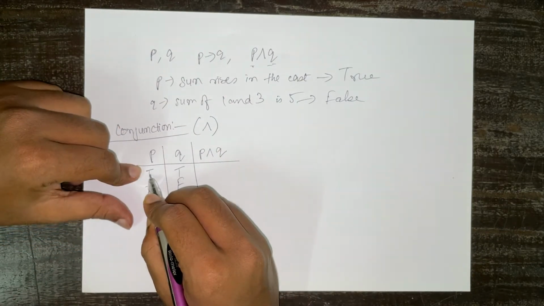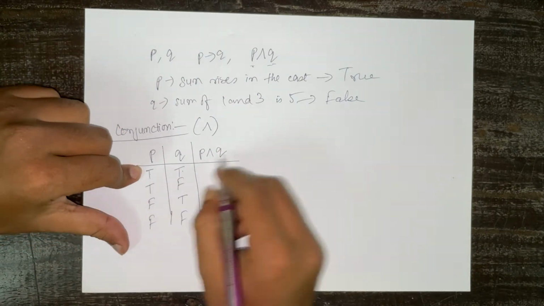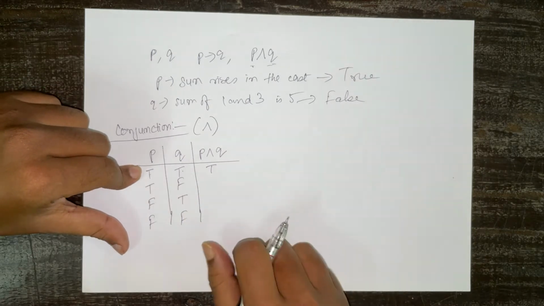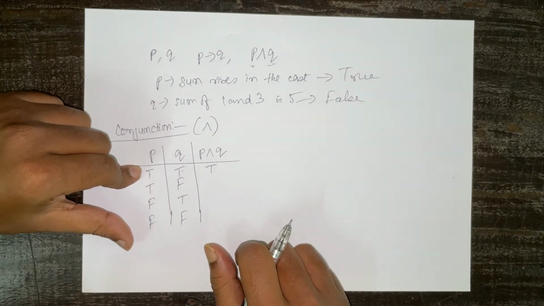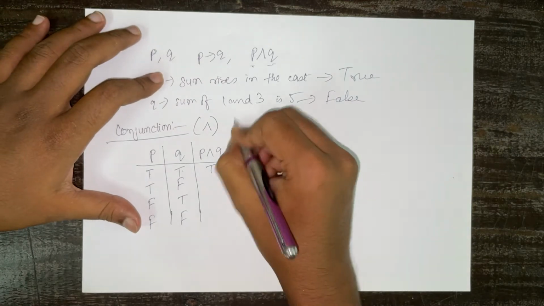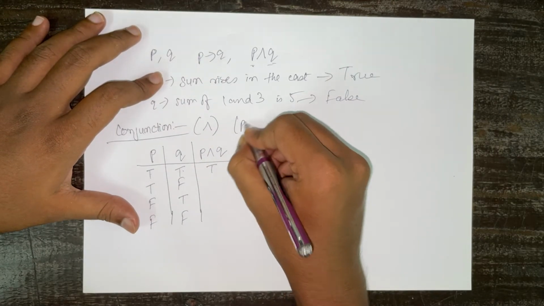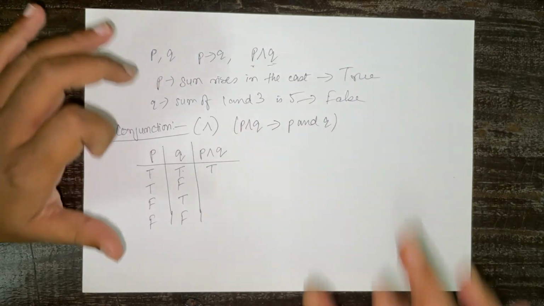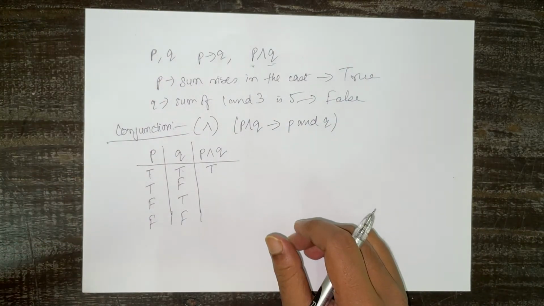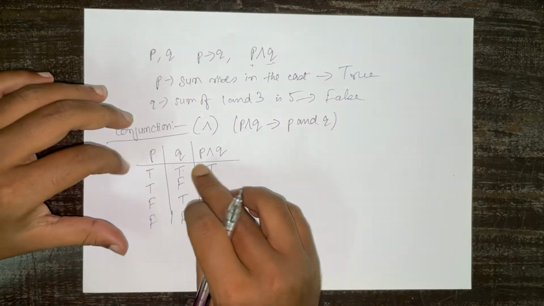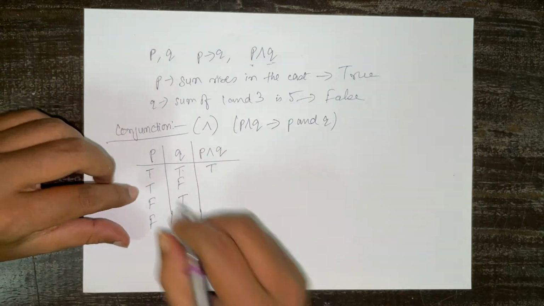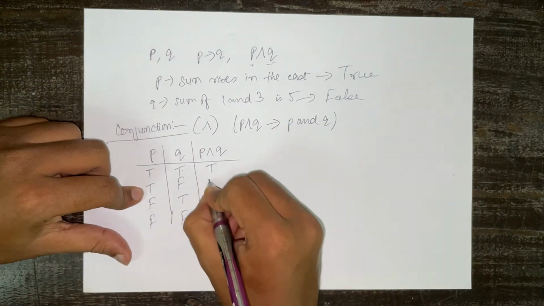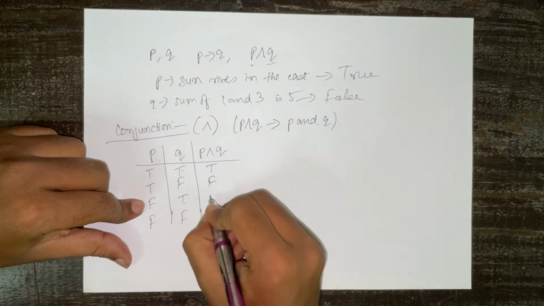Now what will happen to P conjunction Q? If P is true and Q is also true, then P conjunction Q is also true. Okay. Now conjunction is read as, suppose if I write P conjunction Q, this will be read as P and Q. Now from here we can get an idea that if both P and Q are true, then only P conjunction Q is going to be true. If P is true and Q is false, this is going to be false. If this is false, this is true, it is going to be false.